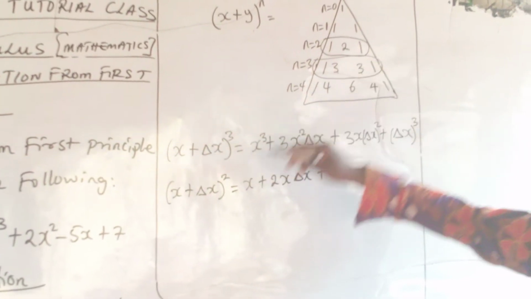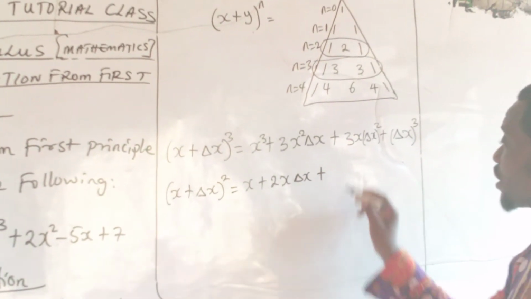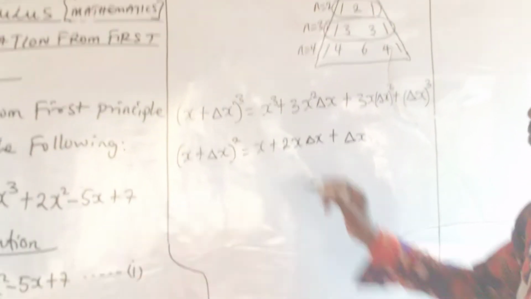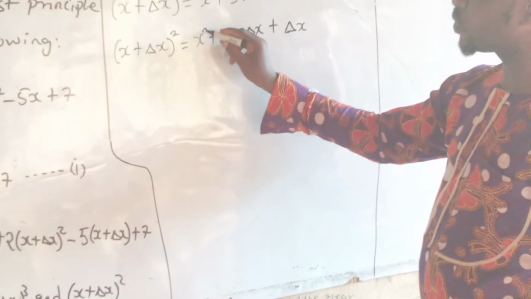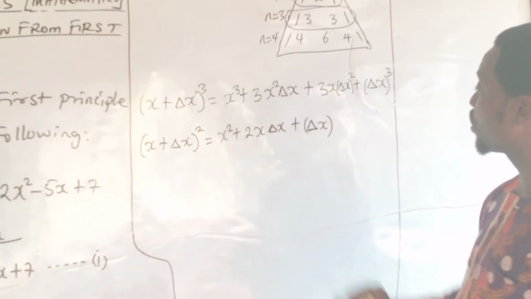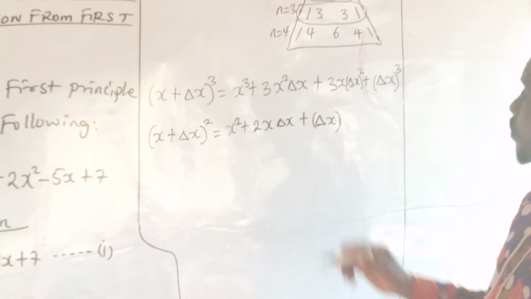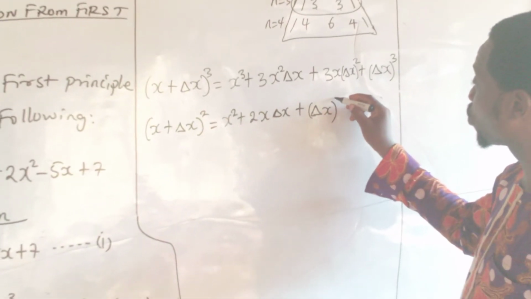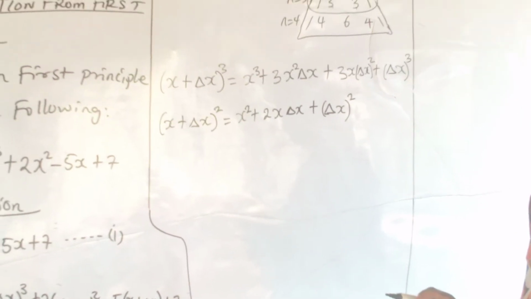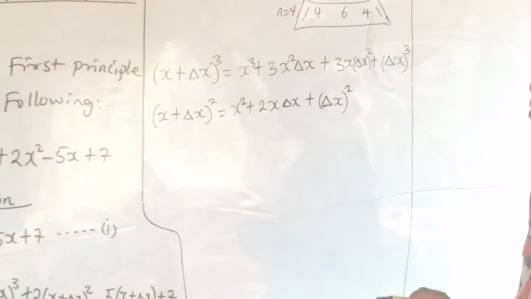Plus this one now will be the quotient of the delta s. So it's going to give you delta s. What do you do now? You go to the power of s, you say s raised to the power 2, the next s will be 1. Do the same thing to change in s. So the power of this change in s will be what? 2. The next one will be 1. I hope you are getting it.